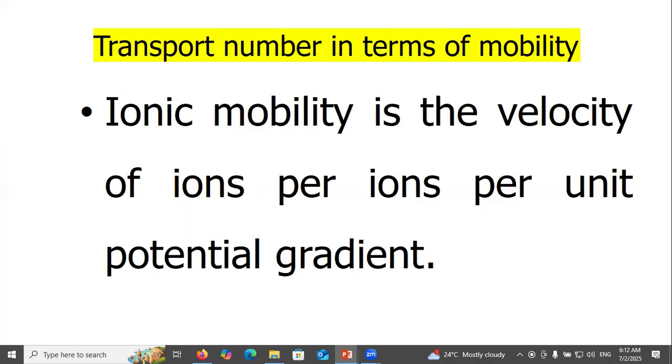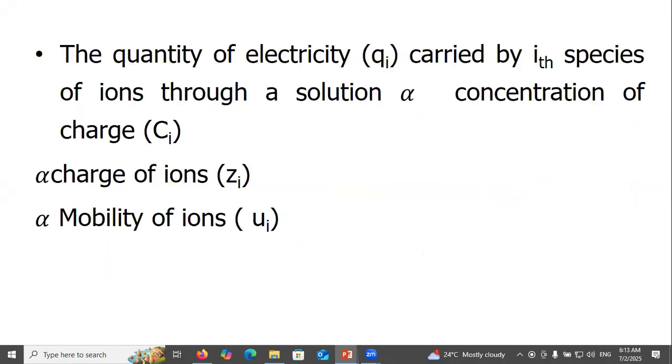Transport number in terms of mobility. Ionic mobility is the velocity of ions per unit potential gradient. The quantity of electricity carried by the ith species of ions through a solution is proportional to the concentration, to the charge of the ions, and to the mobility of the ions.